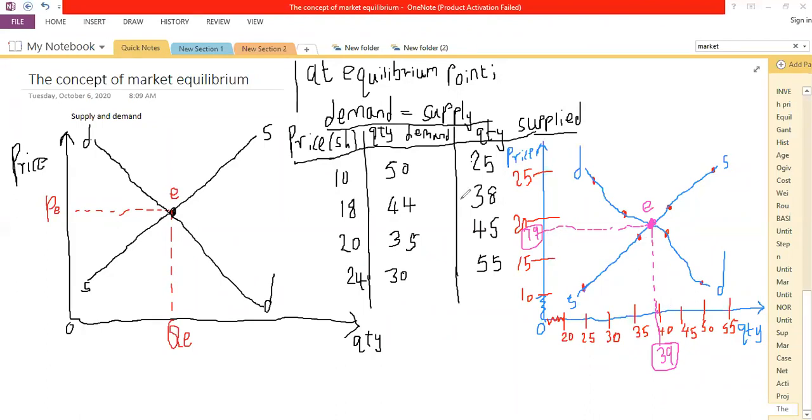Or can we have some calculations to identify the equilibrium price and also the equilibrium quantity? That is possible given the linear demand and supply functions. So to represent that, we'll be guided by an illustration or an example.